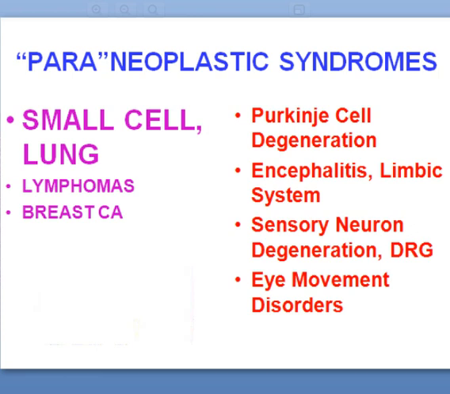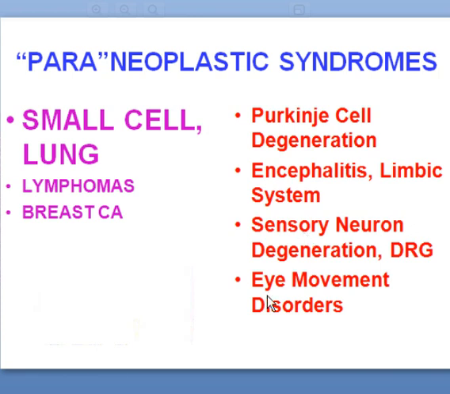Well, there are about 4 or 5 common findings in patients that have widespread metastatic cancer, like Purkinje cell degeneration, and encephalitis or an inflammatory-like picture in the limbic system, or sensory nerve degeneration in the dorsal root ganglion, or clinically eye movement disorders.